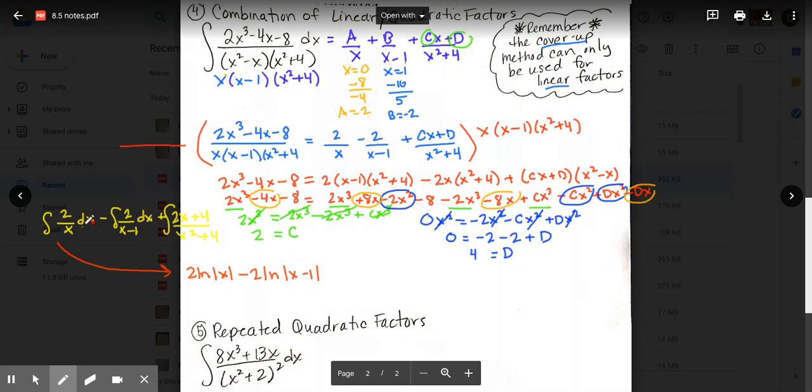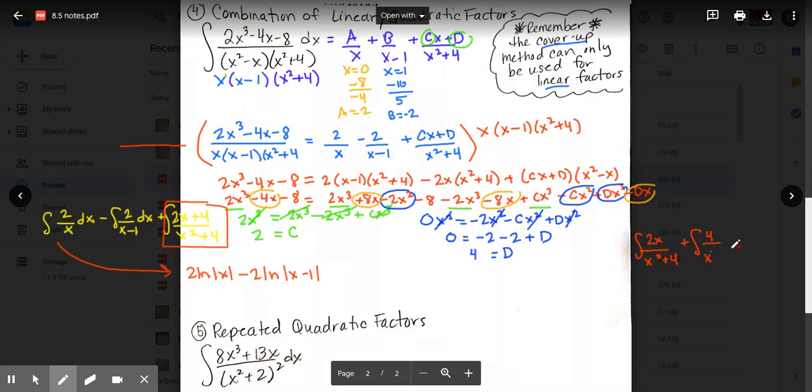You can go right into that if you recognize this is just going to be du over u for both of these. Now, this one right here, that's a technique we just learned or we just reviewed. You're going to split that up into 2x over x squared plus 4 plus 4 over x squared plus 4.